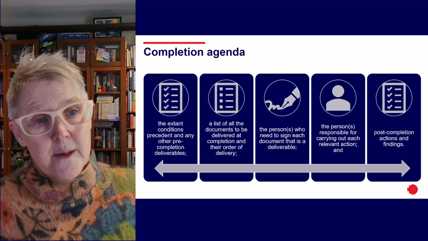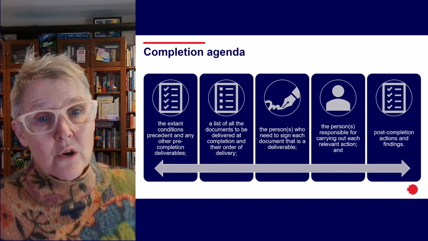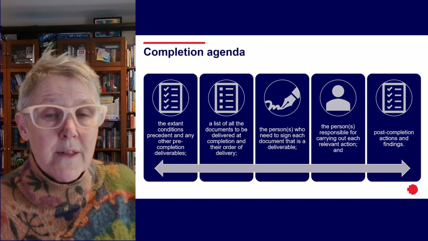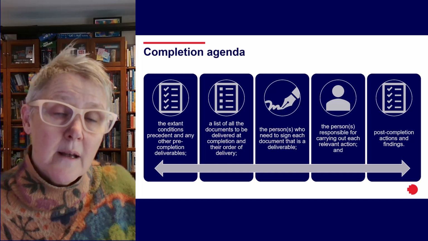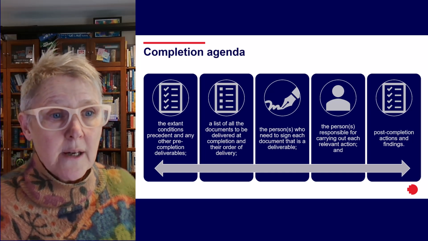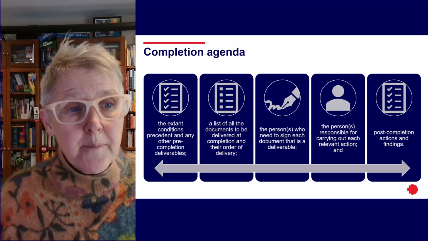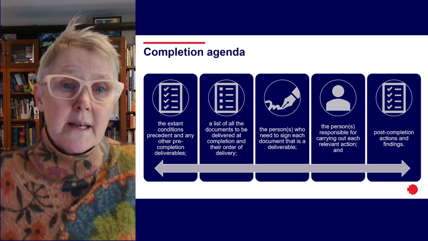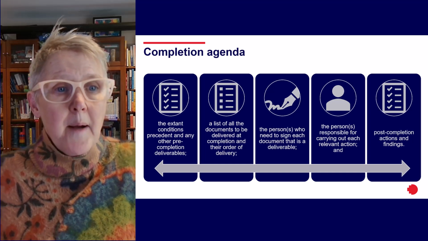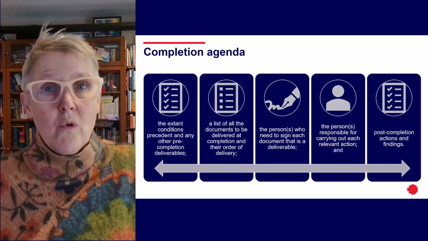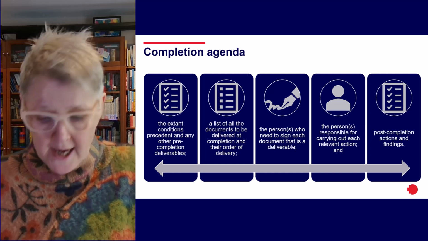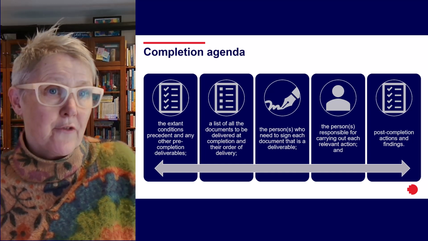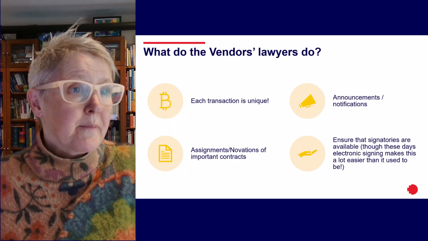It will identify the people who need to sign each document that is a deliverable, whether they need to be in the room, whether documents can be signed electronically or not. And usually the person within the advisory team who's going to be responsible for making sure that that happens, along with a list of post-completion actions and findings, the things that we're going to follow up after the event.